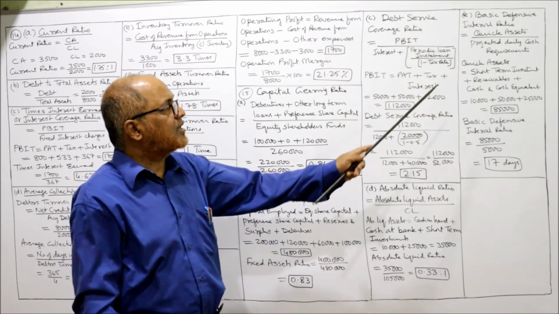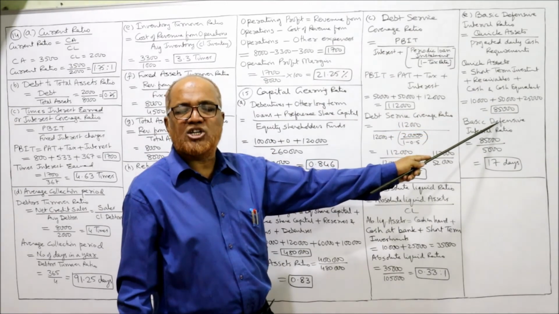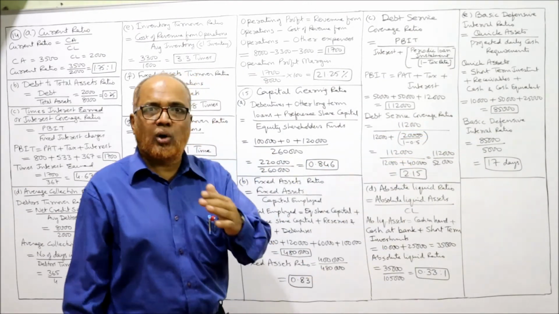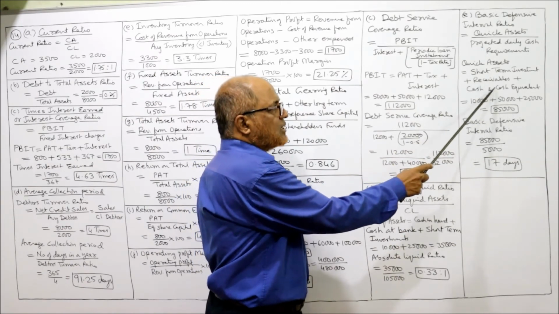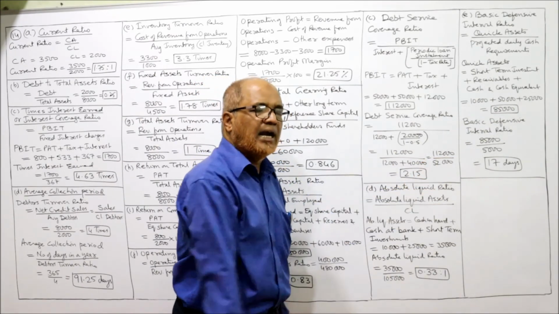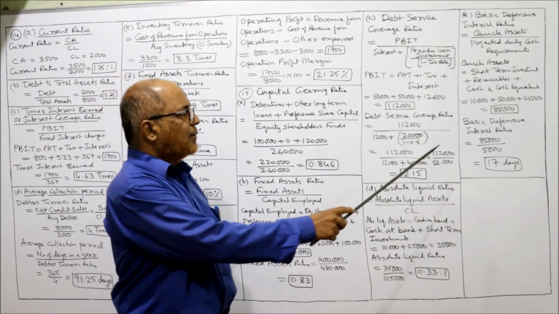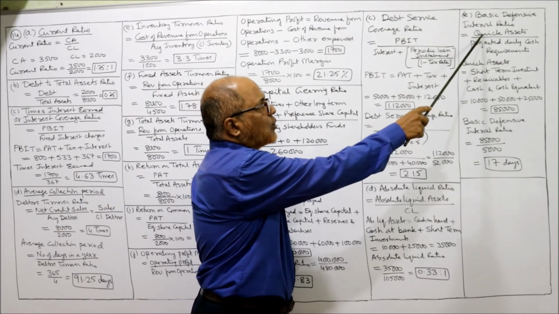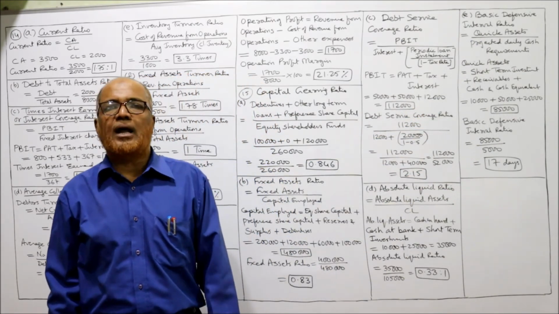So what are the remaining assets? Short-term investments are there, receivables are there, cash and cash equivalent is there. So don't take inventory. So 10,000 short-term investment, receivables are 50,000, cash and cash equivalent 25,000. 85,000 rupees are the quick assets. Now, basic defensive interval ratio is quick assets 85,000 divided by projected daily cash requirement.